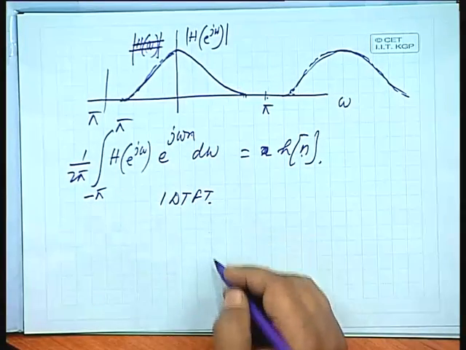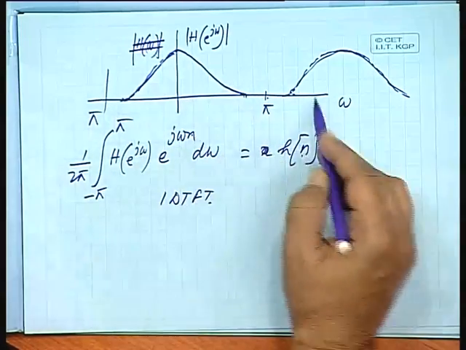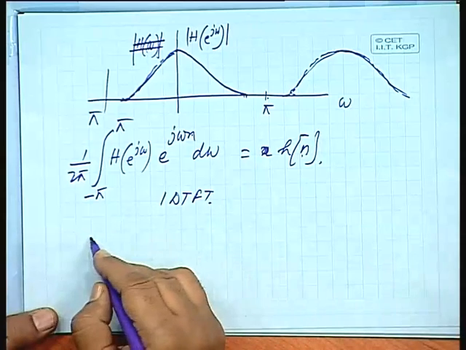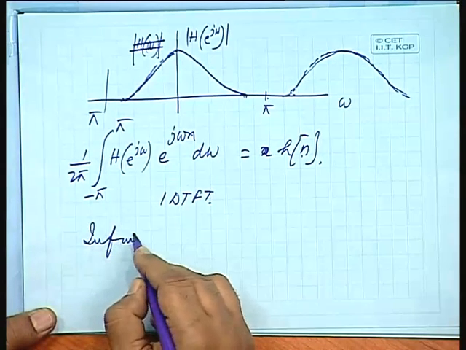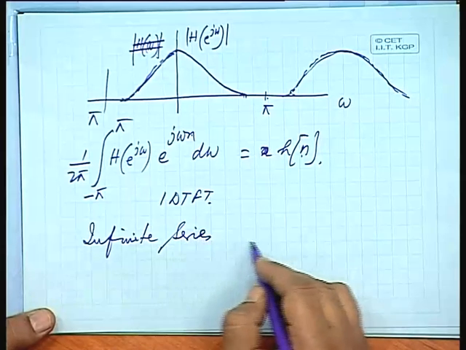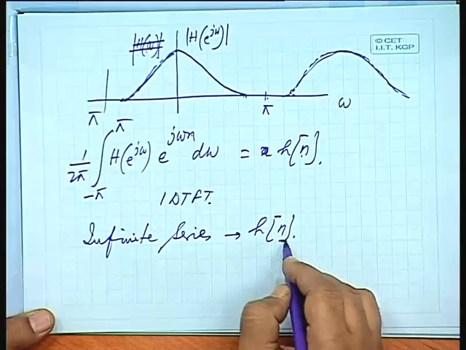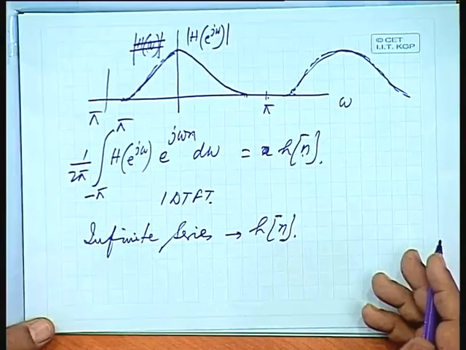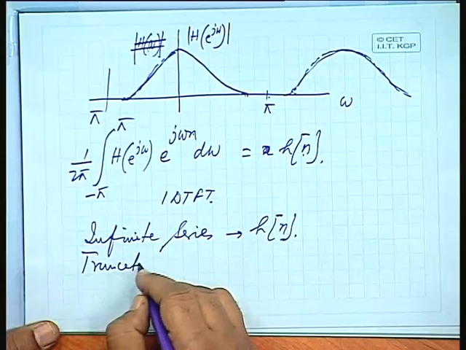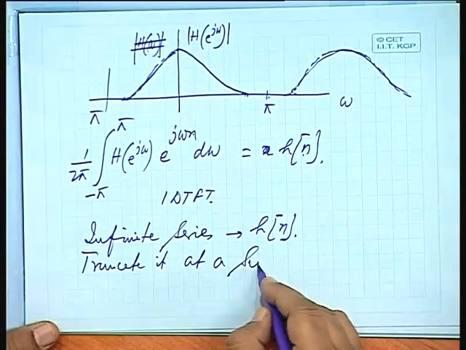Because it is periodic, you will get a sequence h n which is of infinite length. So, you will get an infinite series for h n, then truncate it at a suitable length.